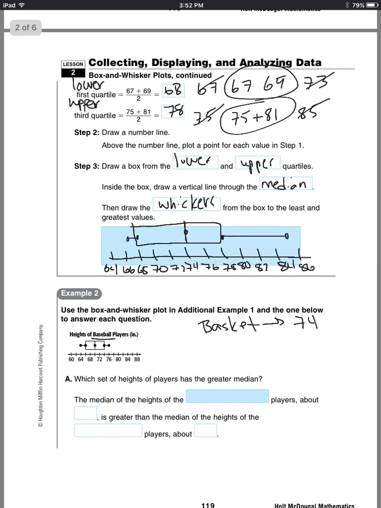Here, the median height, which is right there, is 70. So the median height of the basketball players, about 74, is greater than the median height of the baseball players, about 70.